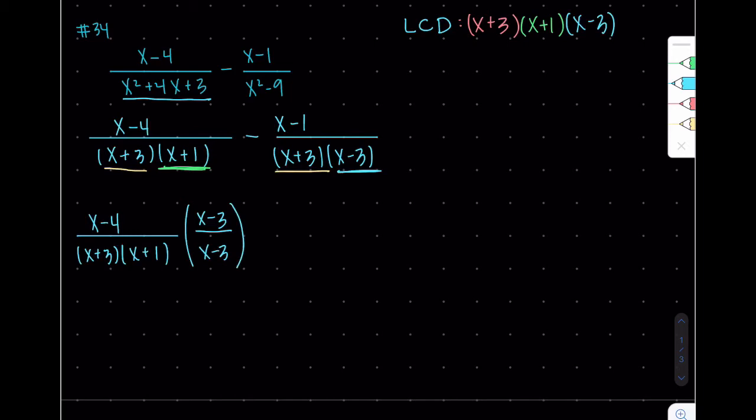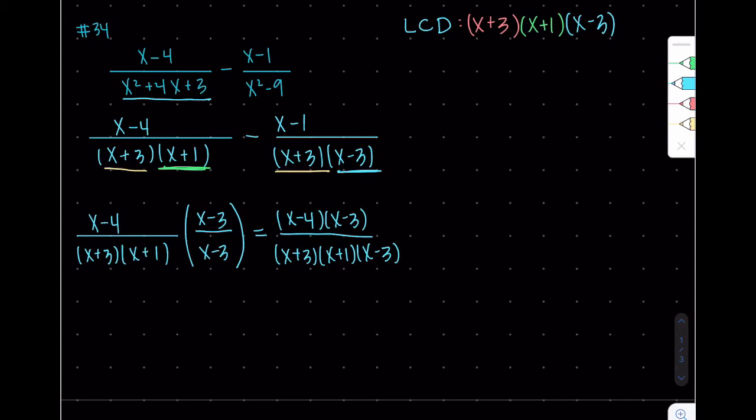So this is keeping the value of the fraction the same, since x minus 3 over x minus 3 is just 1, but it's going to give us that common denominator so we can add them. So up top we'll get x minus 4 times x minus 3 over x plus 3, x plus 1, x minus 3. So that's our first one.